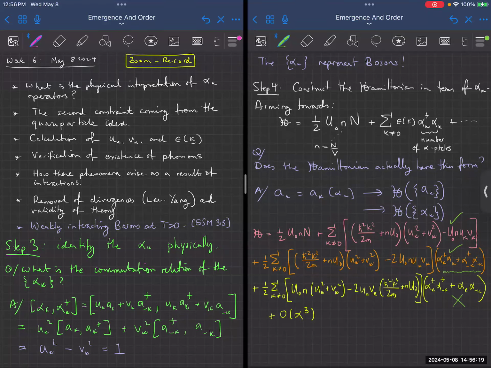The reason I'm putting an X by it, and I'll even put an unhappy face next to it, is because this term is not of the quasi-particle form, and it is hard to interpret.